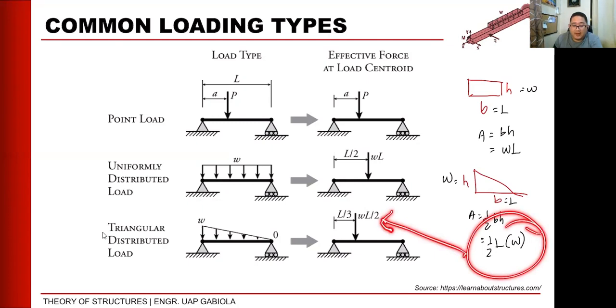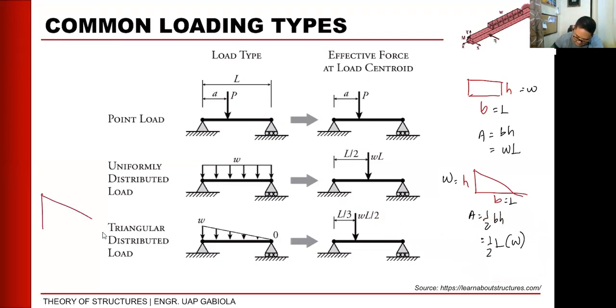Okay? And yung application niya is sa centroid ng mismong triangle natin. Ang centroid ng triangle, yung centroid niya is, ayan po yung location niya. Okay? So, itong location na yan ay L/3 ang basa dyan, or ang value niyan. Tapos ito is 2L/3. Okay? So, ibig sabihin, laging L/3 yung centroid niya.